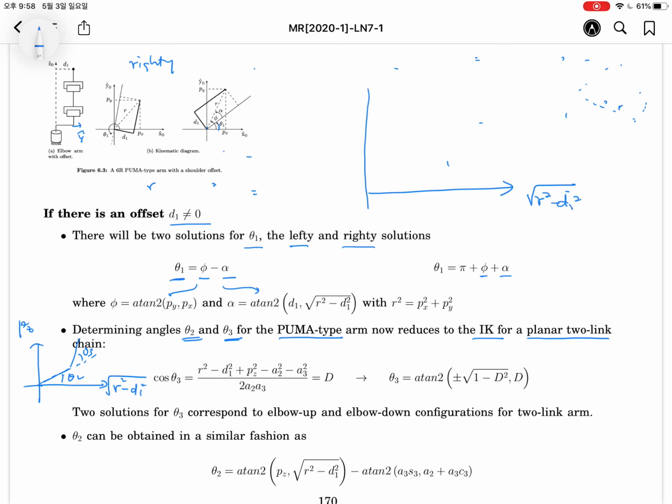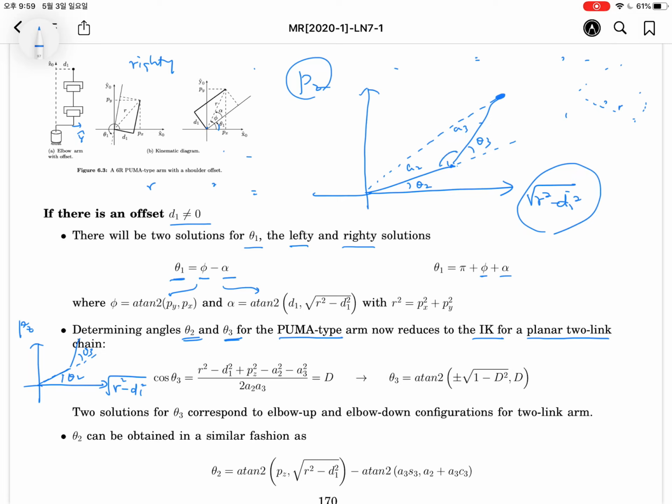This axis is the square root of r square minus d1 square. This axis, the pz. This is the a2 and the a3, with theta 2 and theta 3. This is the elbow center. And this point will be denoted by the pz square and this term square.